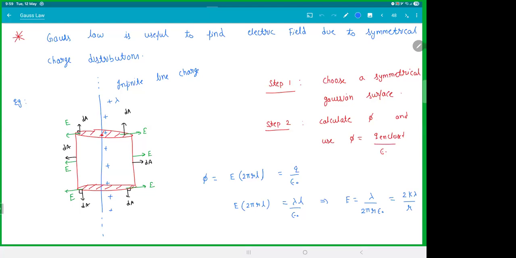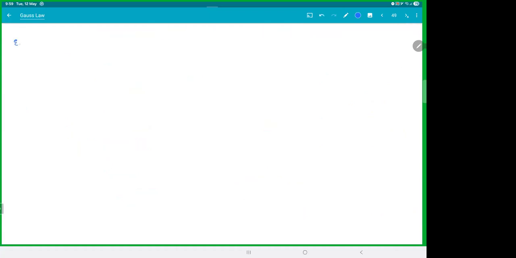Let me take one more example. Solid sphere. Uniformly charged solid sphere. So we got a solid sphere, charge plus q, radius R, charges everywhere.